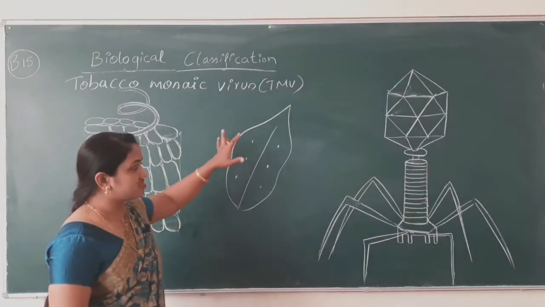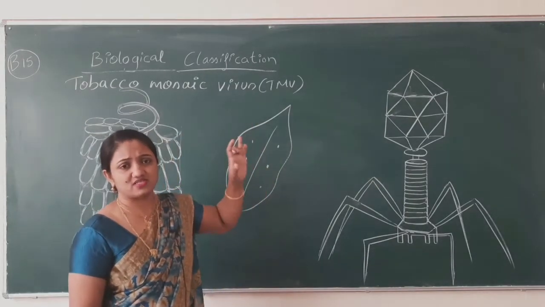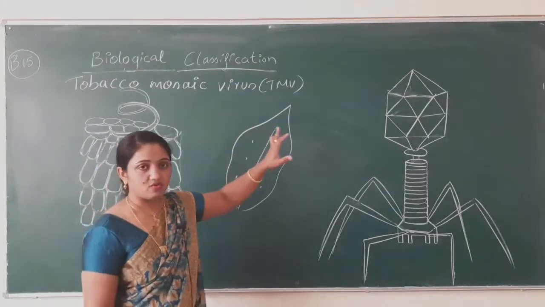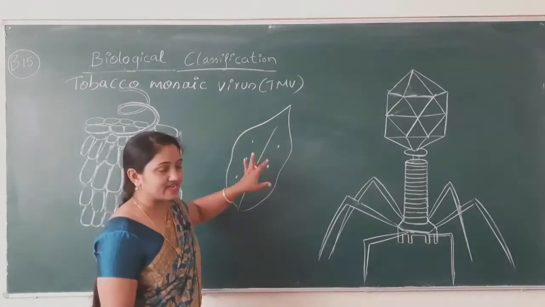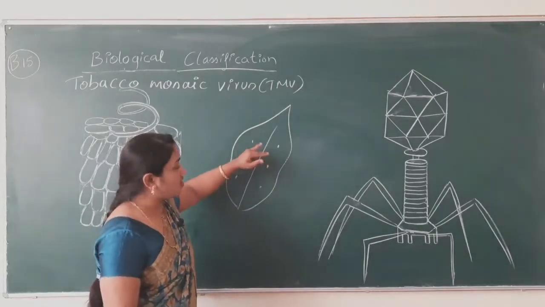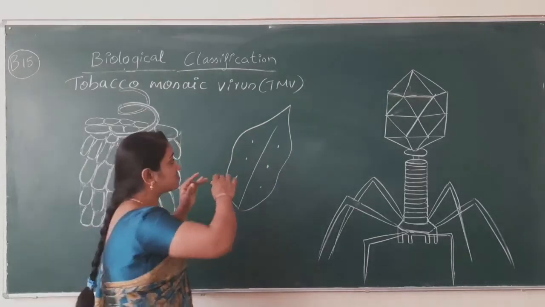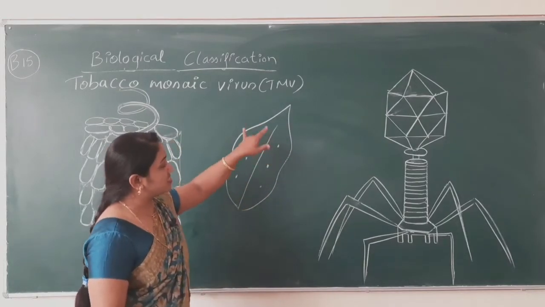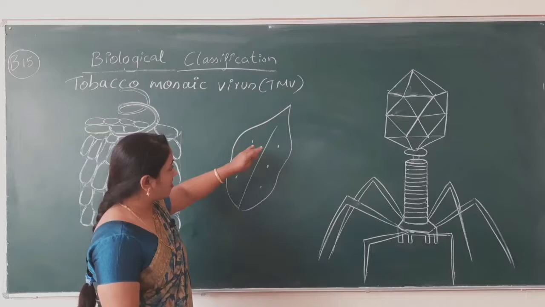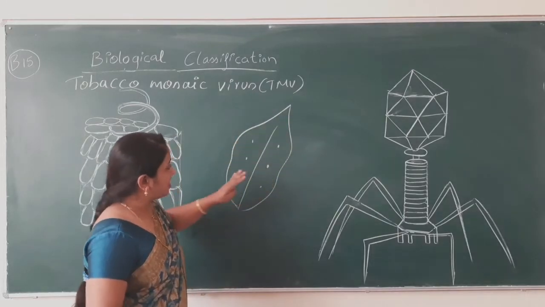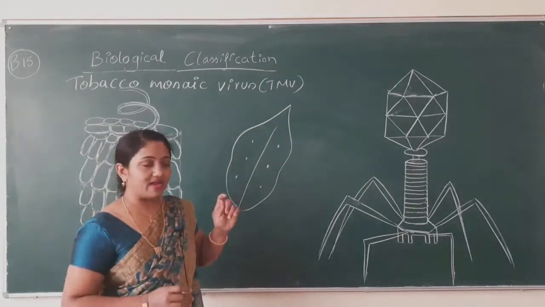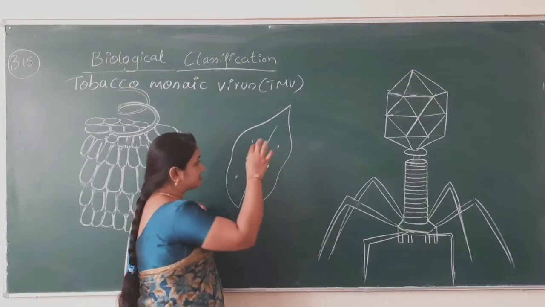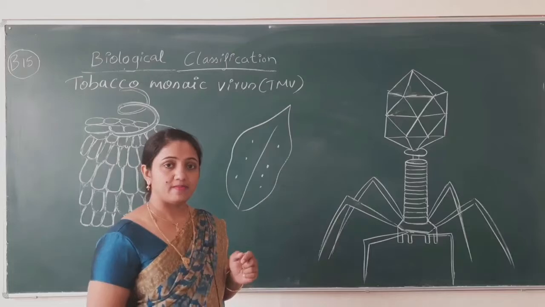This is the first thing we have to understand in the tobacco plant: only the leaf gets infected. Then the leaf becomes patchy, the surface becomes yellow, and after that we can see green patches on the leaf.